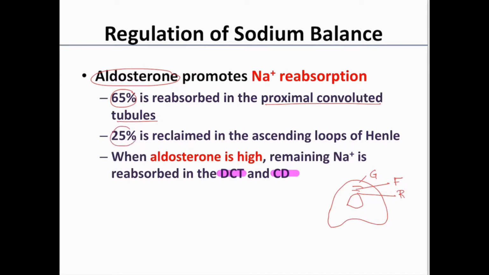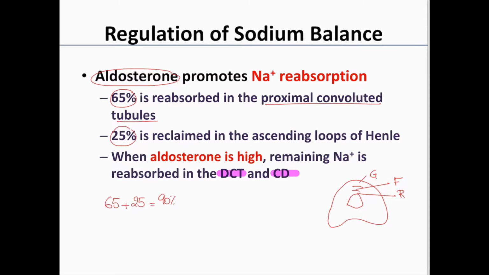As well, 25% will be reclaimed in the ascending loops of Henle, where I have free water reabsorption. Together, the water reabsorbed in the proximal convoluted tubules and in the loop of Henle makes around 90% of the water that was filtered in the kidney tubules.